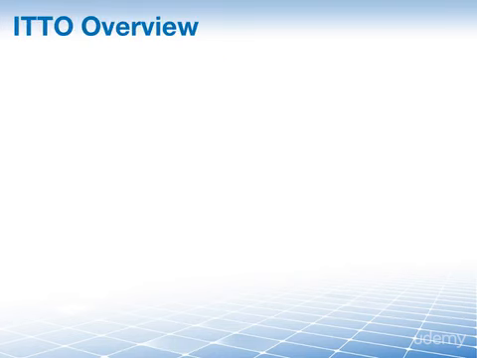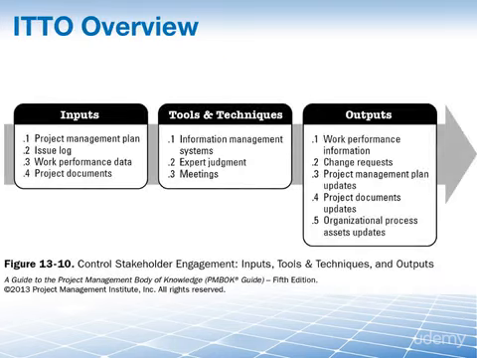Let's review our ITTOs for the control stakeholder engagement process. You'll notice that there are a lot more outputs here than there are inputs in the process. This is because we take our inputs like the project management plan and the issues log, and we apply tools and techniques like information management systems and meetings to then create updates.